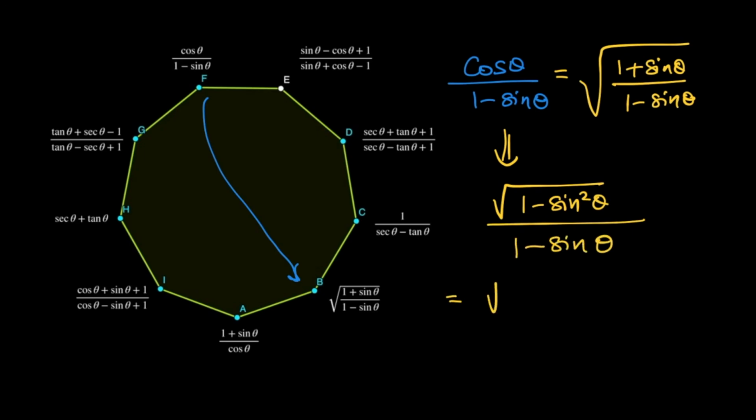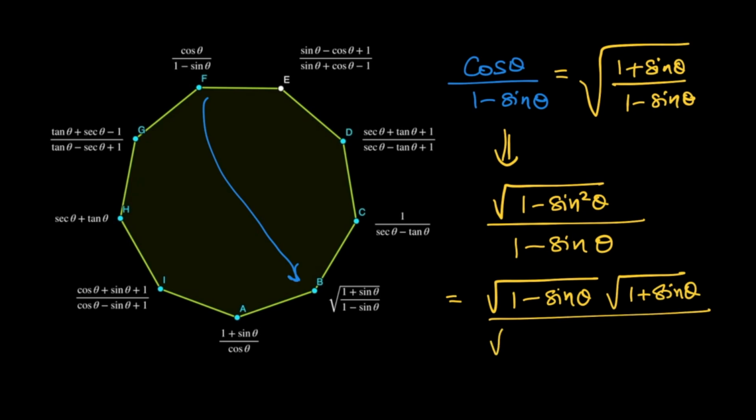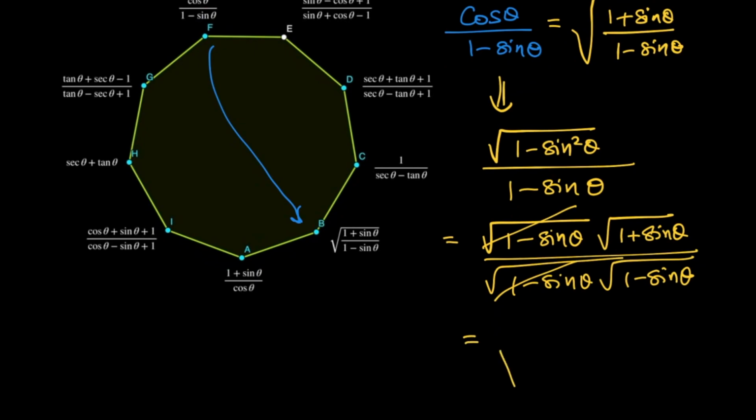And so this is going to be root over 1 minus sin theta into root over 1 plus sin theta in the numerator, and the denominator will be root over 1 minus sin theta into root over 1 minus sin theta. So these two get cancelled and we are left with root over 1 plus sin theta divided by 1 minus sin theta. Right.